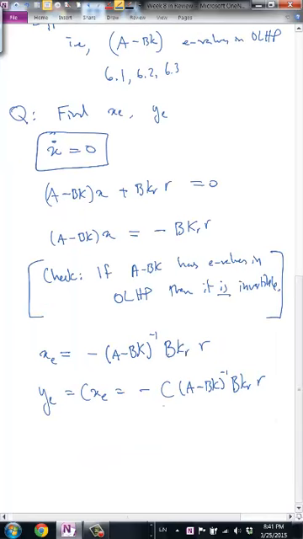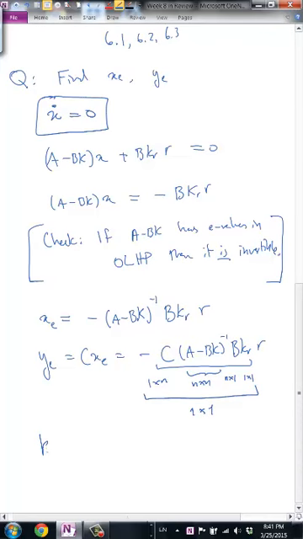Now let's look at the dimensions here. C is a 1 by n matrix. A minus BK is n by n, and therefore its inverse is n by n. B is n by 1, and k_r is 1 by 1. Therefore this whole thing up to r is just a 1 by 1 scalar.